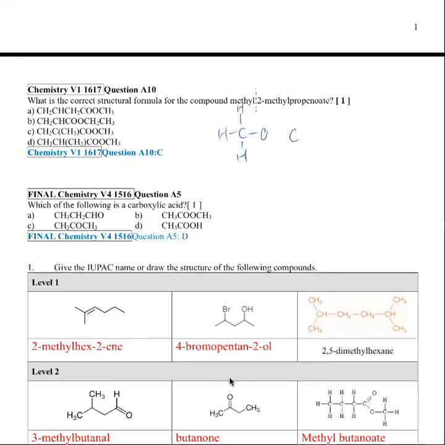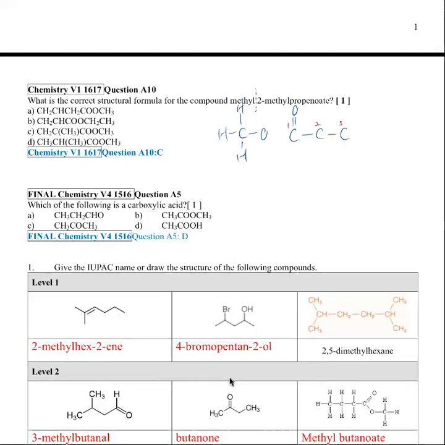So this one, from the carboxylic acid part, would be providing the C double bond O part, and then 3 carbons, the longest carbon chain. And remember, it has a branch, that's 2-methyl. So that's position 1, position 2, position 3.